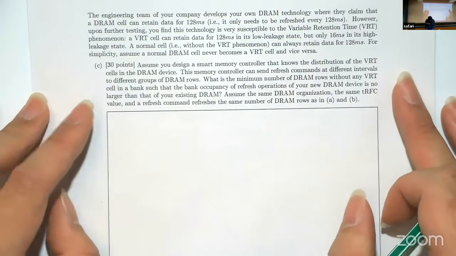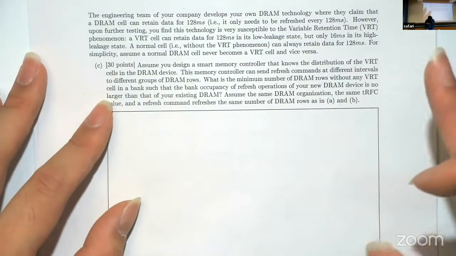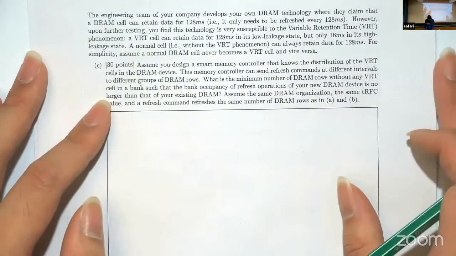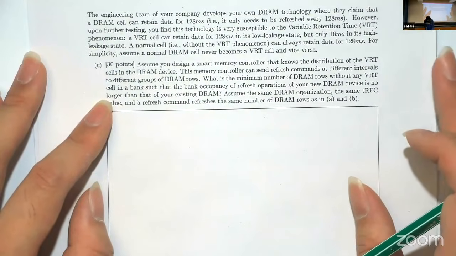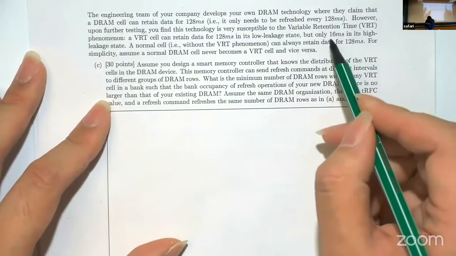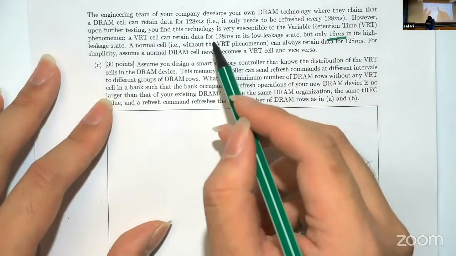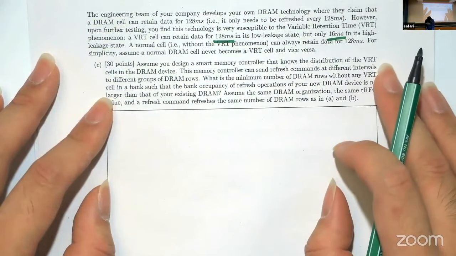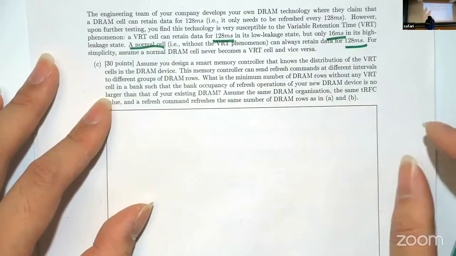So if the DRAM cell is a VRT cell, then it can experience 2 leakage states. A high leakage state where it only retains data for 16 milliseconds, and a low leakage state where it can retain data for 128 milliseconds. And the normal DRAM cell can always retain data for 128 milliseconds.